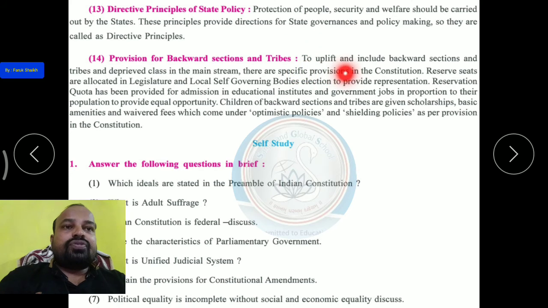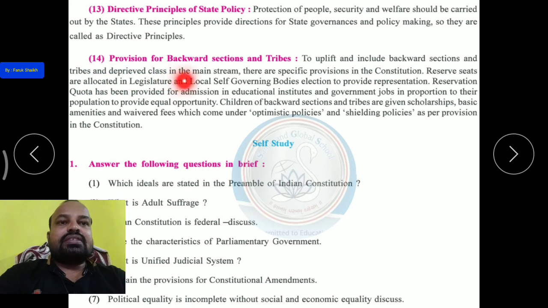So to uplift and include backward sections, tribes and deprived classes in the mainstream, there are specific provisions in the constitution. Reserved seats are allocated in the legislature and local self-government bodies in elections to provide representation.